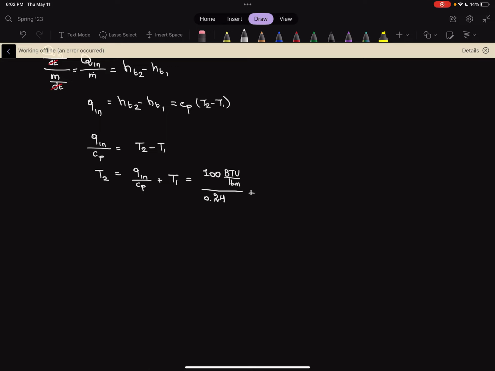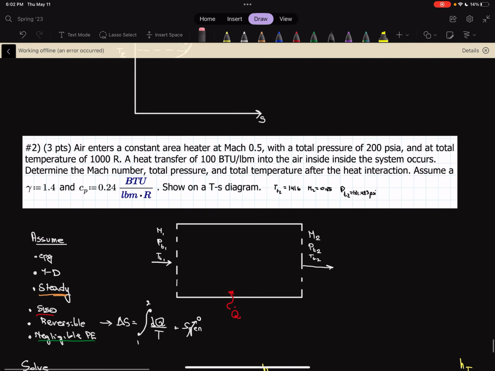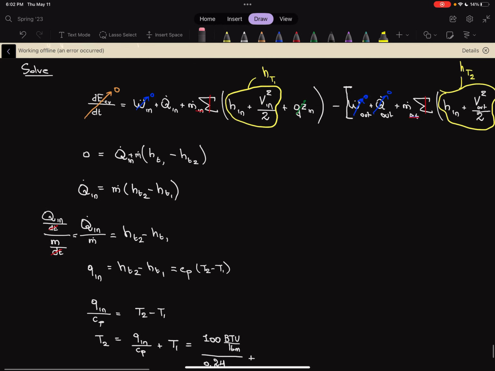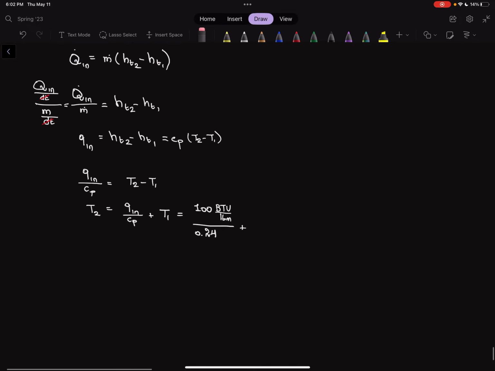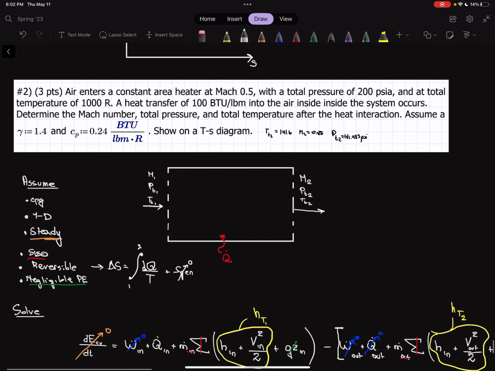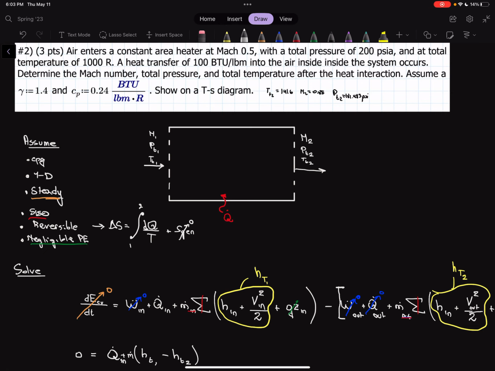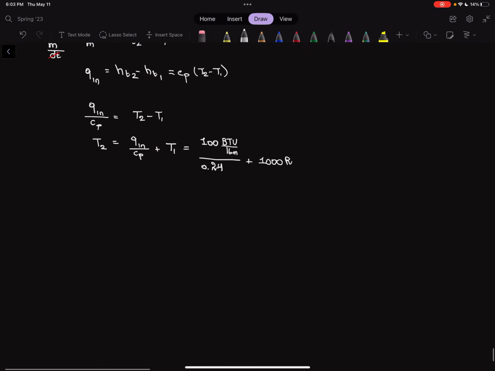And I want to add it to T1, which they're telling me is 1,000 Rankine. Plus 1,000 Rankine. So how are we going to do that? Well, Cp, lucky for me, I made a mistake, has units, BTU over pound mass times Rankine.